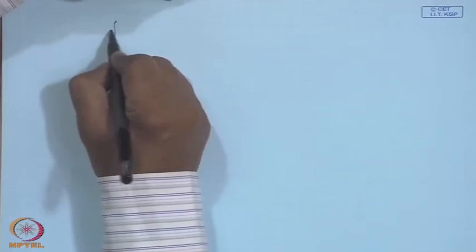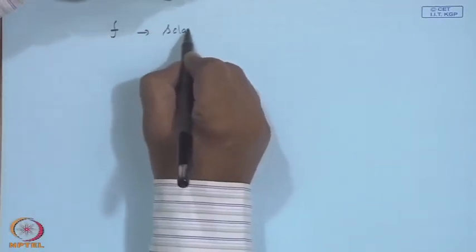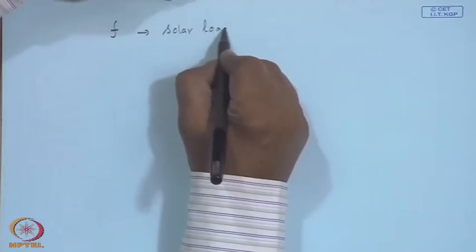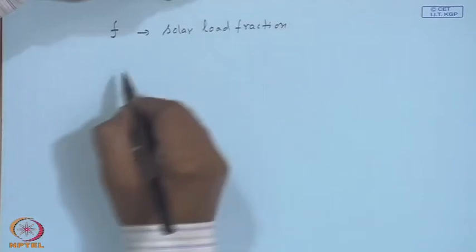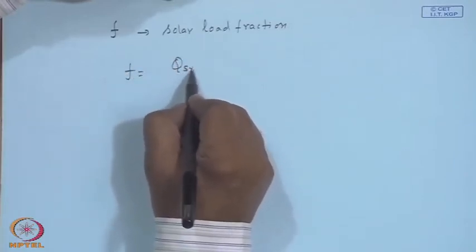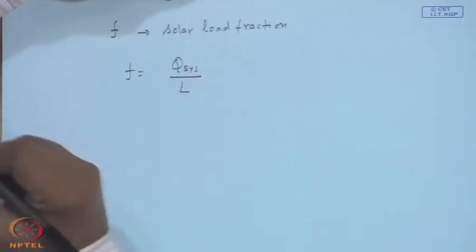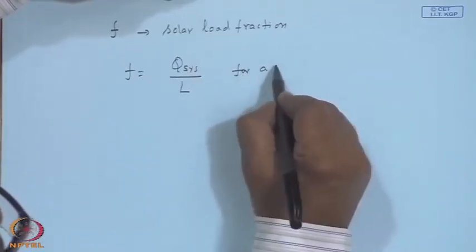So, we will define F, the so called solar load fraction. This we will define as Q system upon L, say for a month.